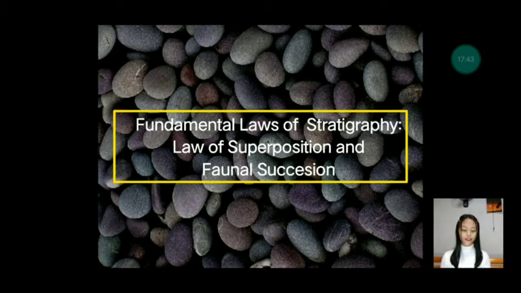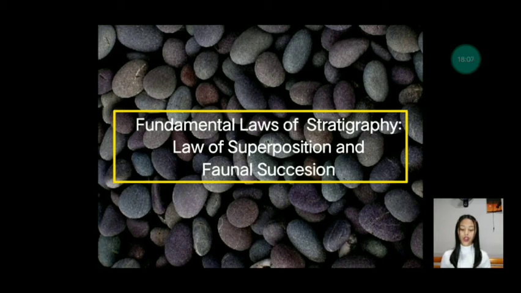This kind of observation was not possible until 1669, when Nicolaus Steno made some diagrams based on his observations of the sedimentary rocks of Tuscany.